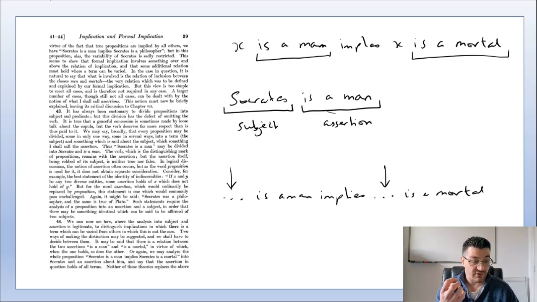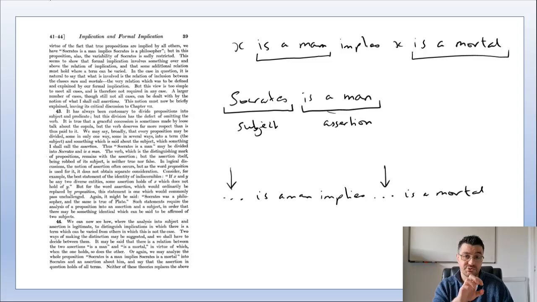And this relation therefore will not hold between the assertions "is a man" and "is a philosopher". This is one way that we can view this. When he says earlier that there seems to be something, when it comes to formal implication, some relation over and above that of implication, he's suggesting that this could be it.